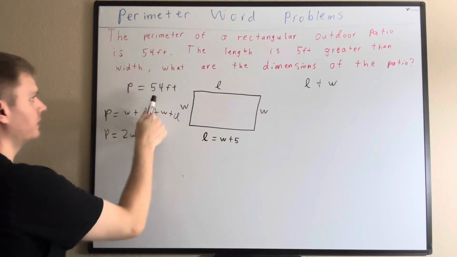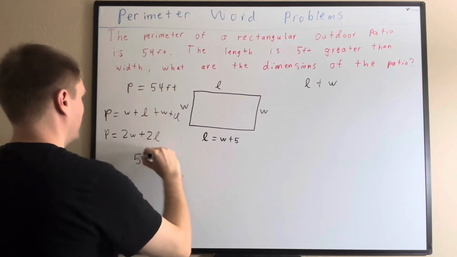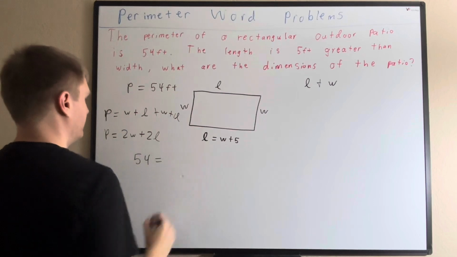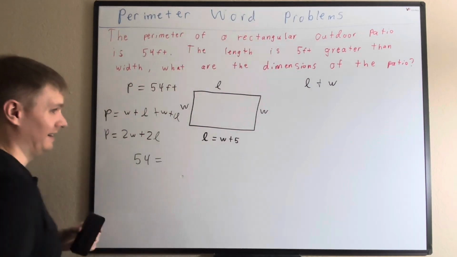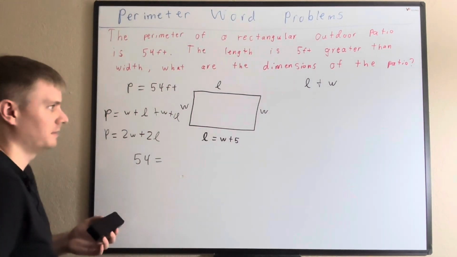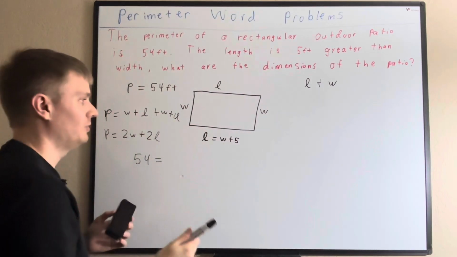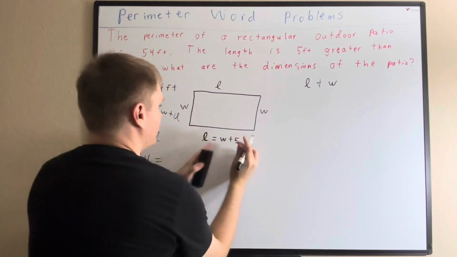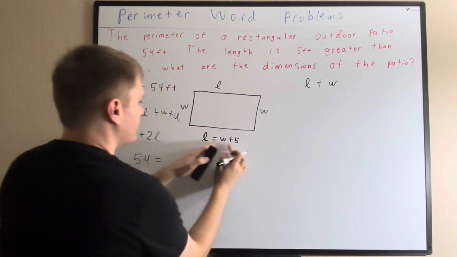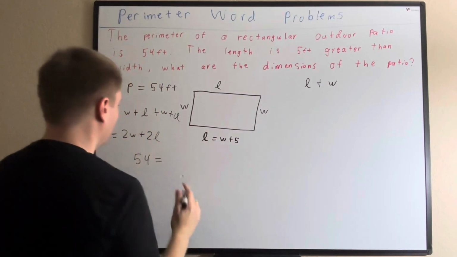We know the perimeter, that's 54 feet. But we don't know W or L. How are we supposed to find either one of them? Well, we do have a relationship between them, and we can substitute this in for L since it's equal.